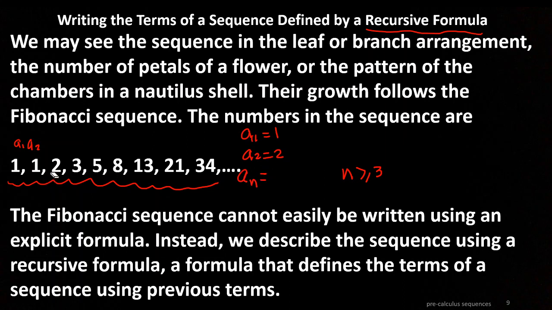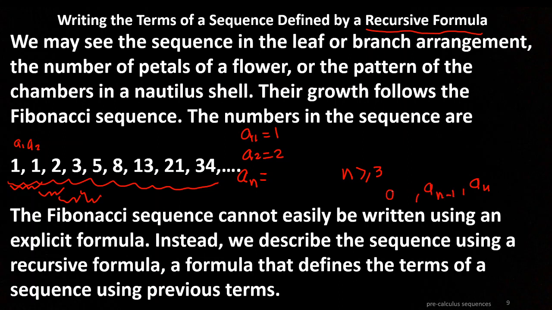Let's look at it. You see, the way you get 2 is to add the previous 2. To get 3 is to add the previous 2. To get 5, add the previous 2. 8, add the previous 2, and so forth. So that means if this is a sub n, the one before that would be a sub n minus 1.